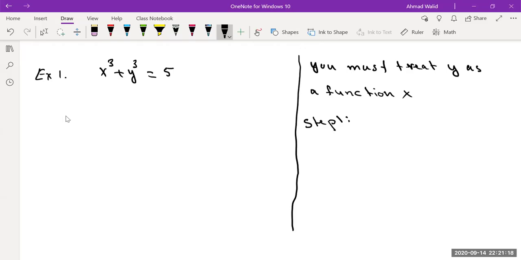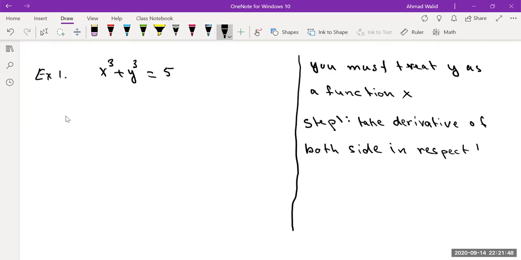It means find the derivative of both sides, or take the derivative from both sides, with respect to x. That's your step 1. Let's apply. It means take the derivative of both sides.